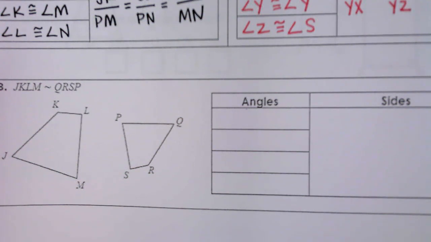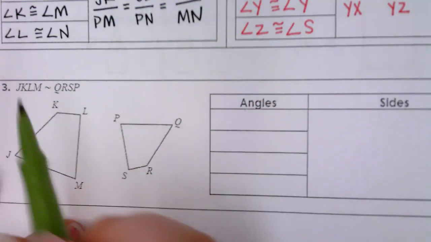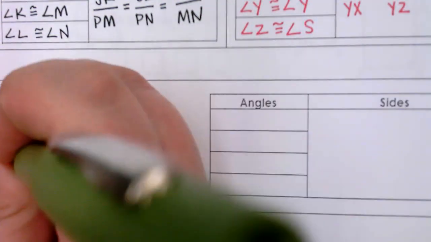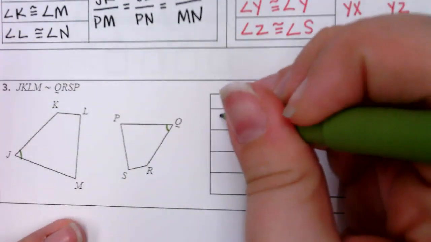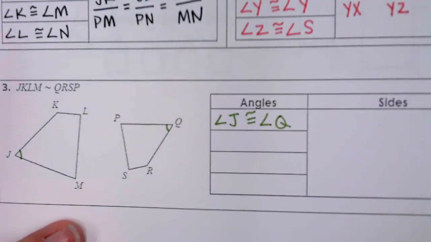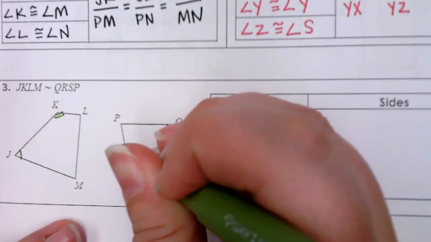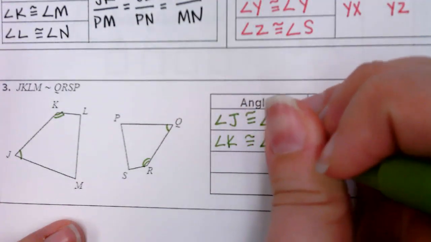All right, hopefully you have filled in your own work. Now let's go over it together. So what are the corresponding pieces here? Well, we've got J and Q first. So J and Q are corresponding, and corresponding angles are congruent. Next, we have K and R. So K and R are corresponding, and corresponding angles are congruent.